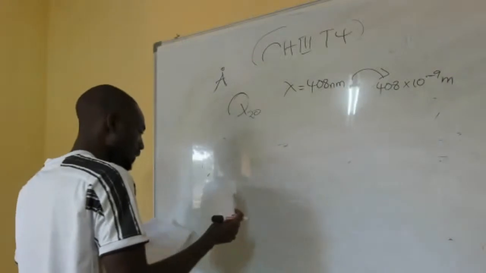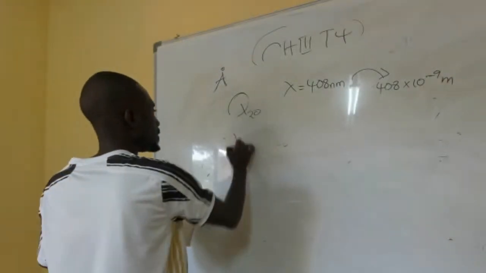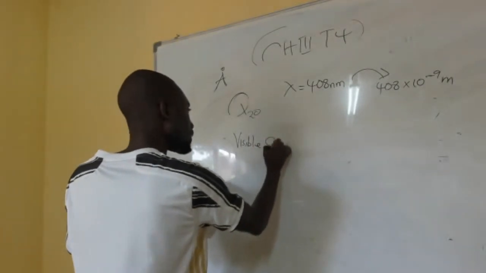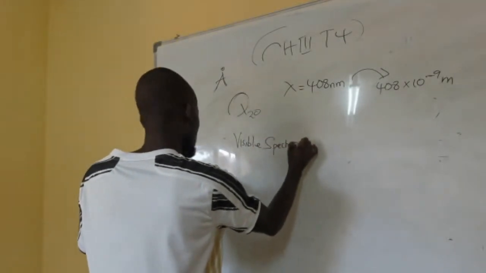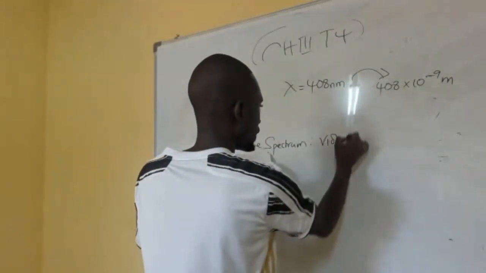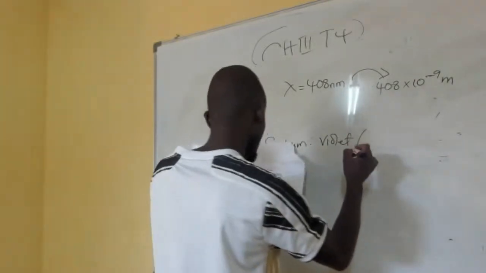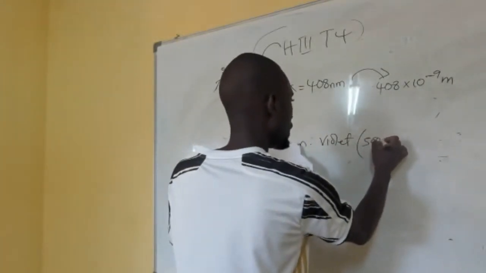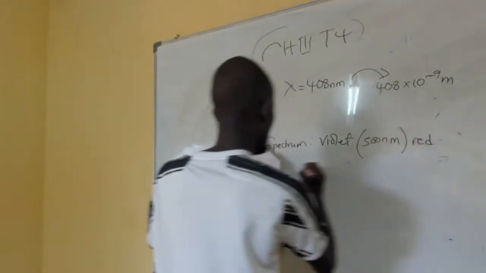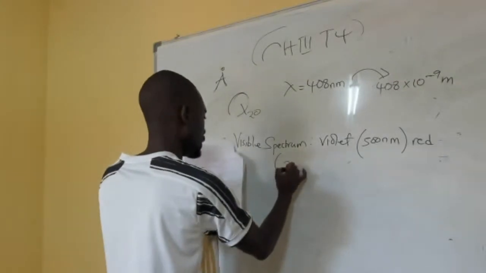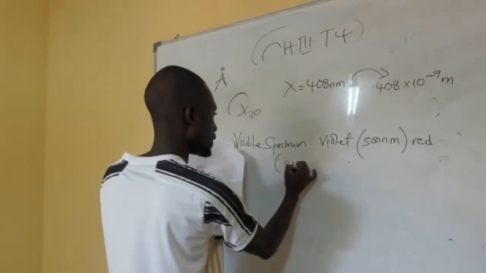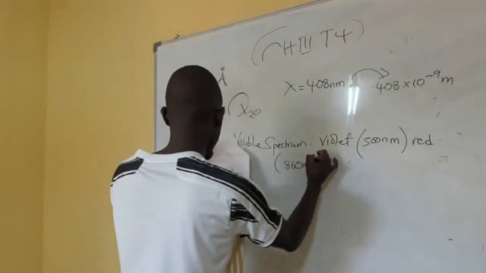You have to say it's the visible spectrum. In the visible spectrum, we just say violet, which is 500 nanometer, red, brackets 8, which is 86 nanometer.